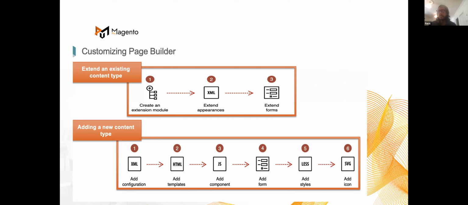They were selling sports materials, ice hockey equipment, and they wanted to be able to create content specific to teams. So for those specific scenarios where content customizations are needed, you can create a new content type with its own configurations, its own templates, its own font type and icon.